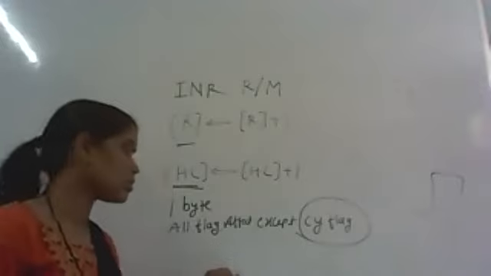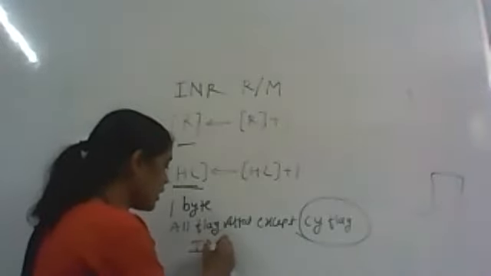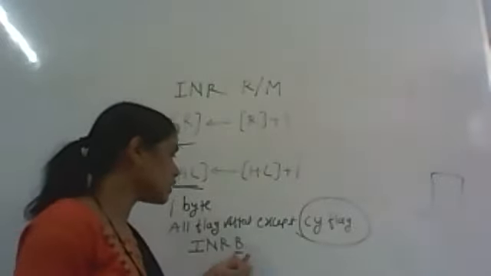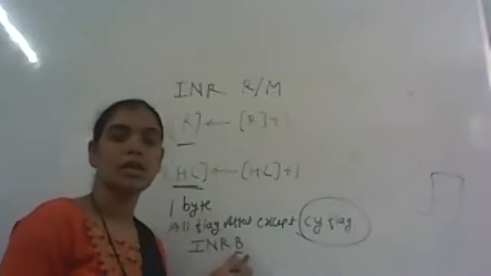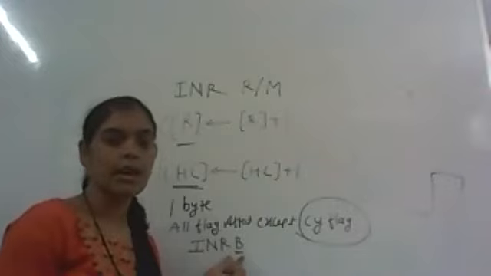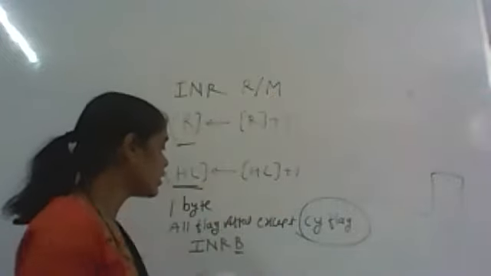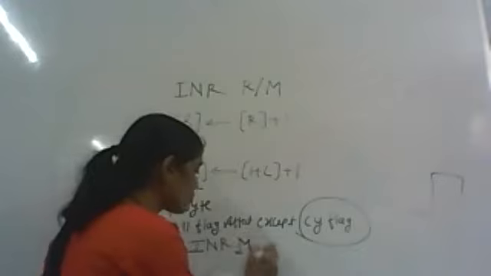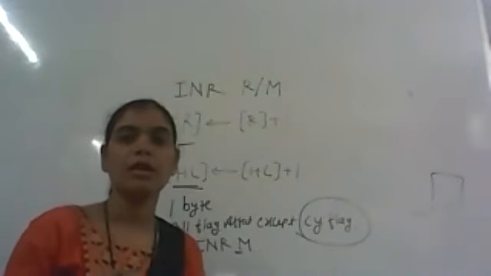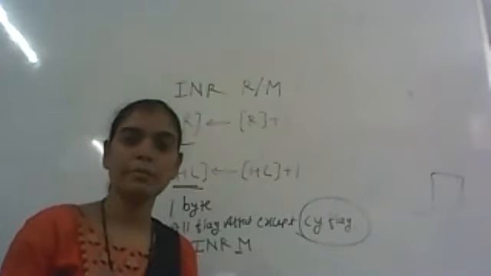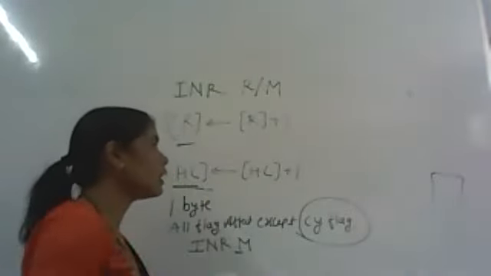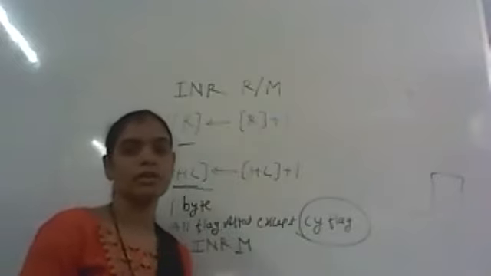For example, INR B. Using this instruction, the content of register B is incremented by 1. If the operand is memory, that time the operand is M, and the value of the memory location given by the HL register pair is incremented by 1.